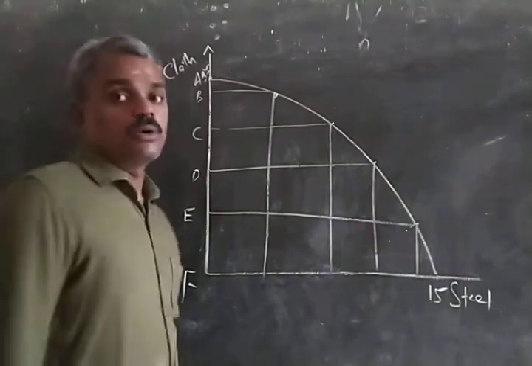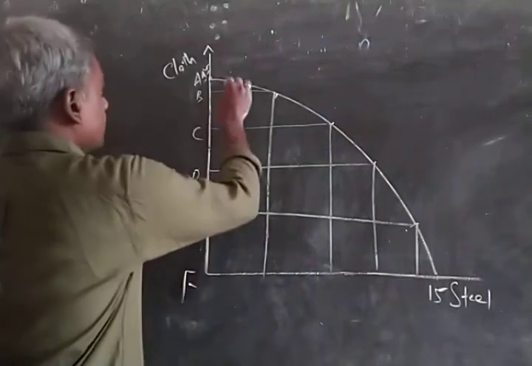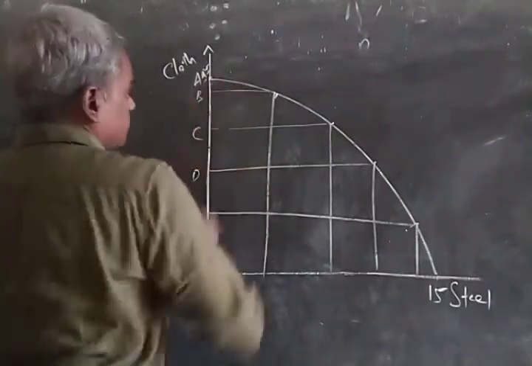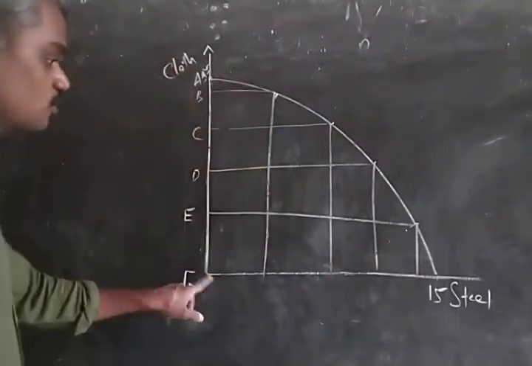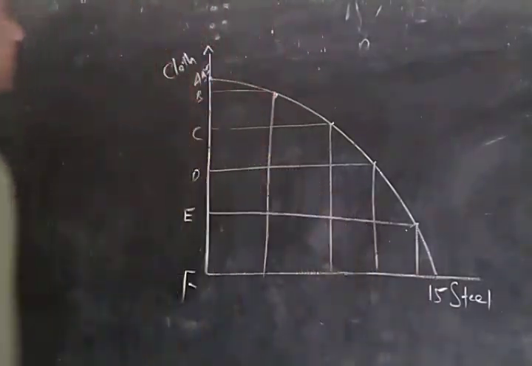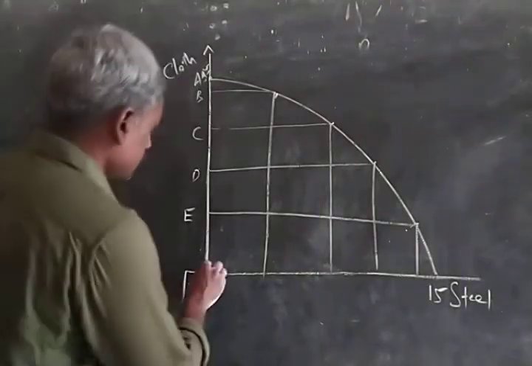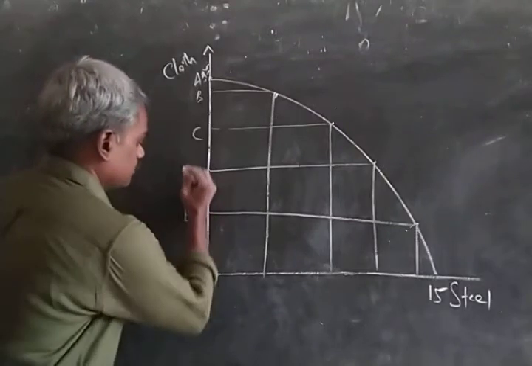So here we will also have a look at the increasing opportunity cost. Here the nation moves from production of 0 cloth and 15 steel. Now it is increasing production of cloth to 3.